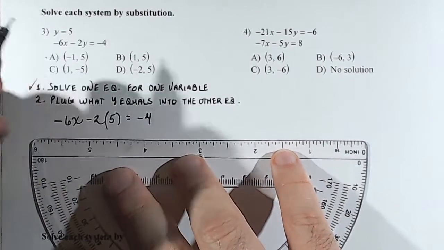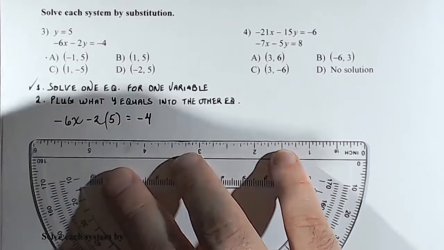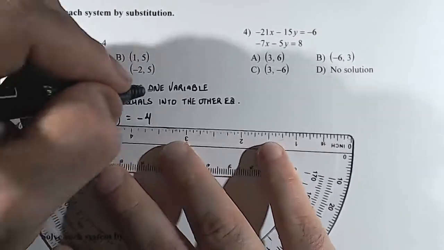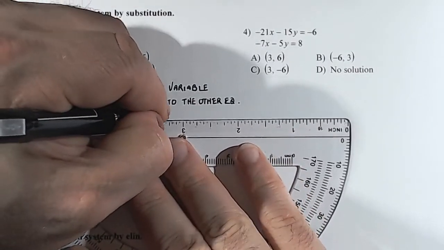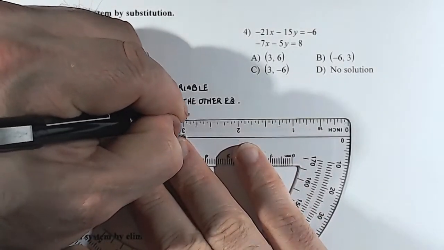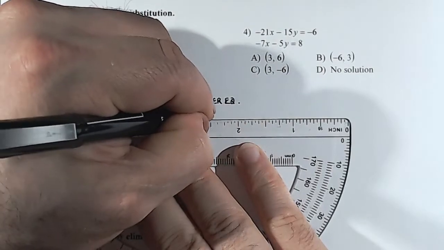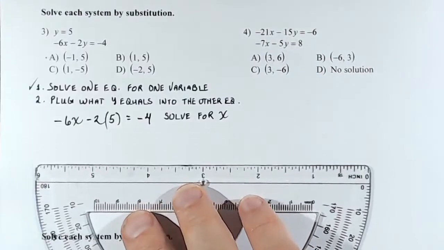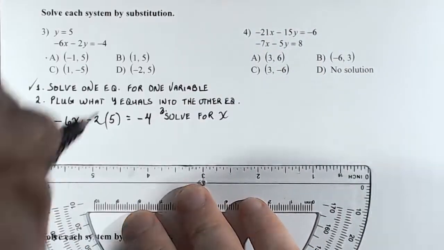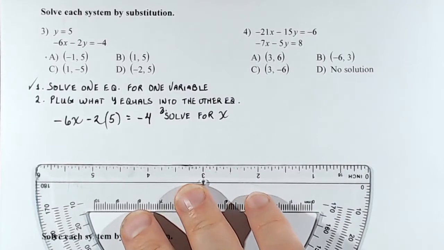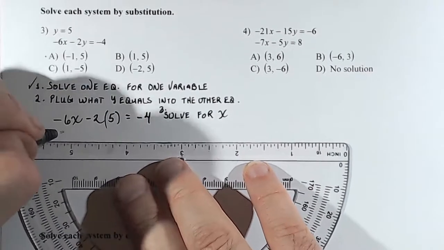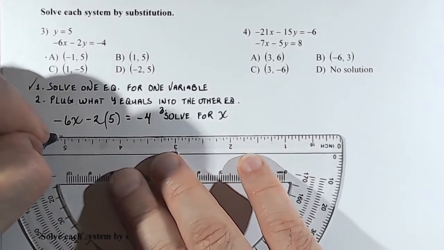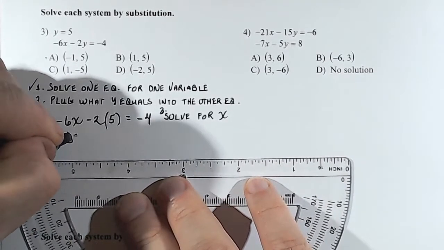All right, so what now, right? Well, now what we're trying to do is solve for x. This, I guess, is step 3. Solve for x. So let's get x by itself. First, we'll leave -6x alone.